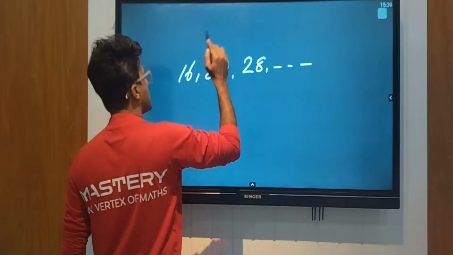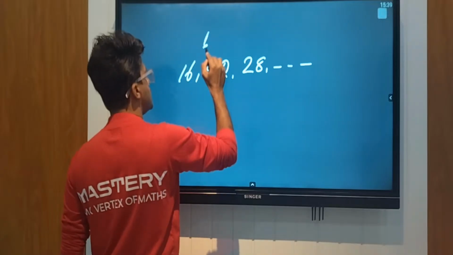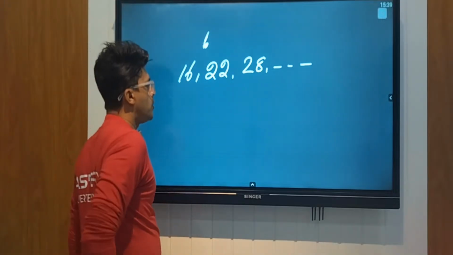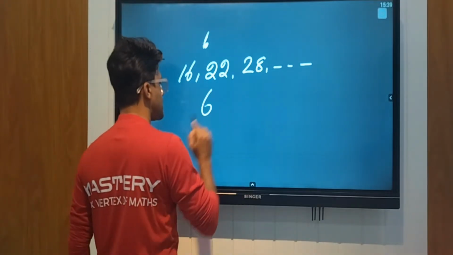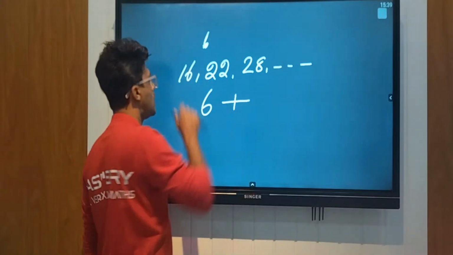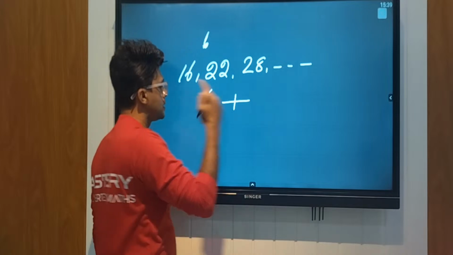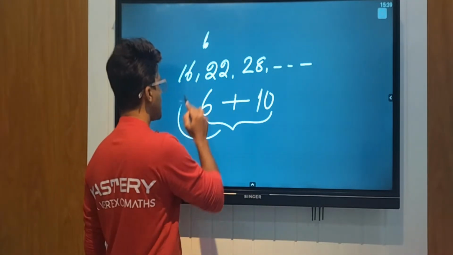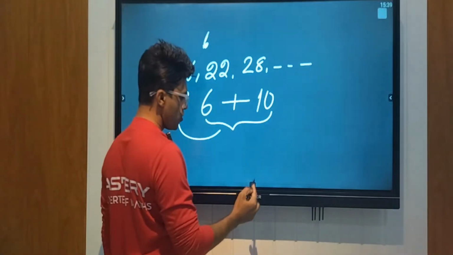Then 16 plus 6, 22. 22 plus 6, 28. Anyway, the common difference is 6. That is written here. Then after that, what digit do we write here so that you can get 16? That should be 10 here. 16 plus 10 is 16, therefore this is okay.